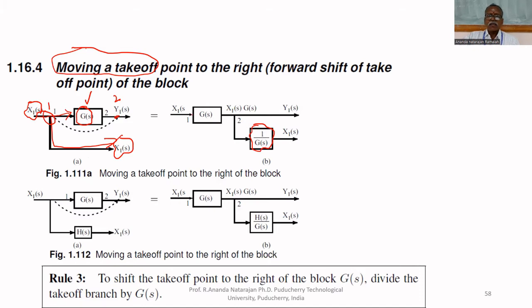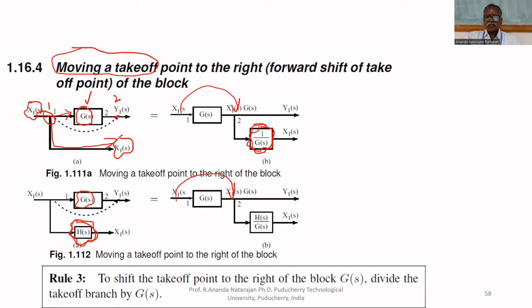So if you shift that point from here to here, then the signal should be multiplied by 1 upon G of S, because it is already multiplied by G of S. To nullify that G effect, I am dividing by G of S. Suppose one takeaway signal is amplified by G of S, another one is amplified by H of S. But you want to move the signal from here to here.